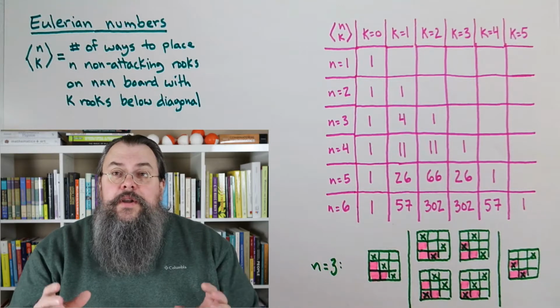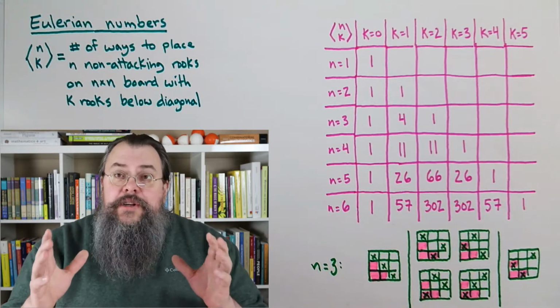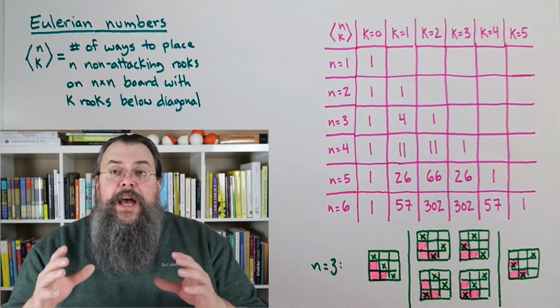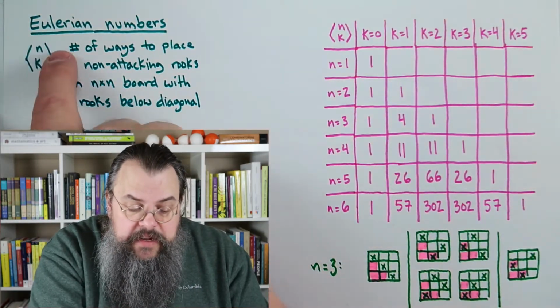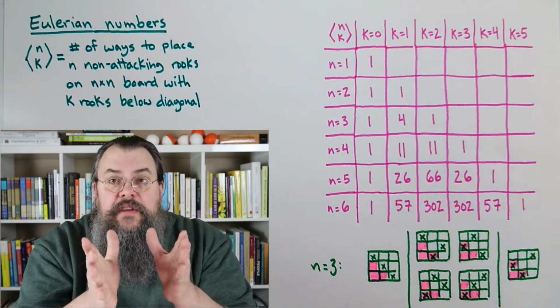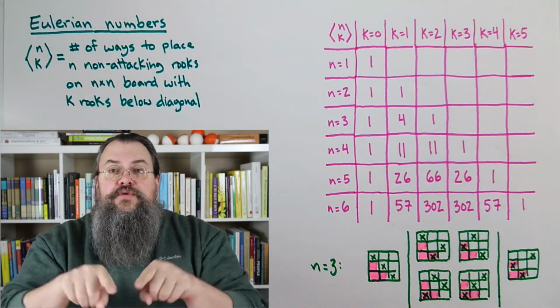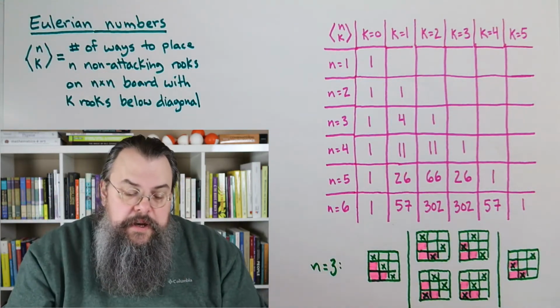And so what are these? Here's how we're going to define them. We have the Eulerian number n k, and it's denoted with these angled brackets. These aren't the parentheses that we saw for binomial coefficients. They're angled, a little bit of a corner there.